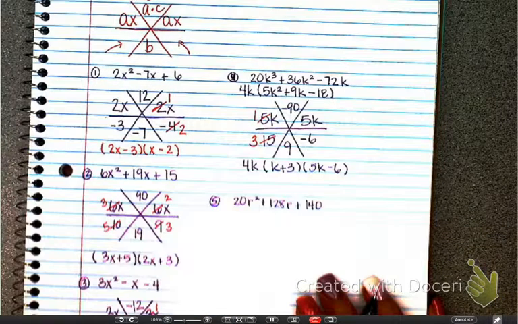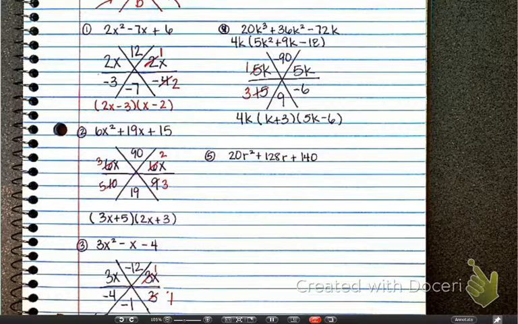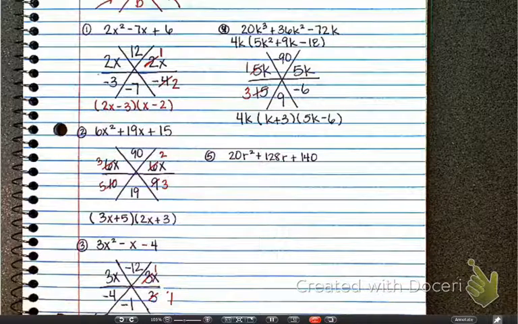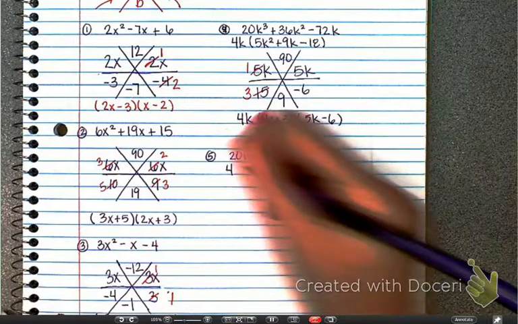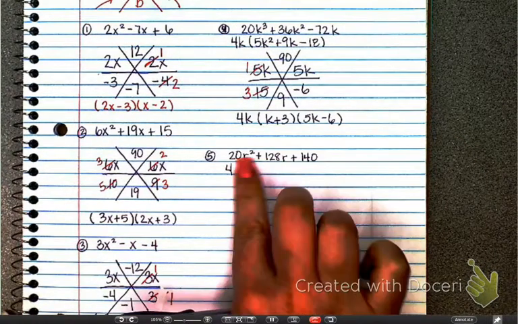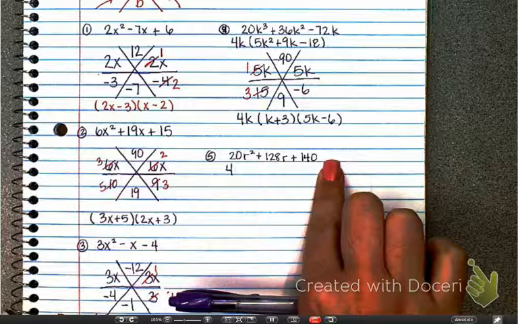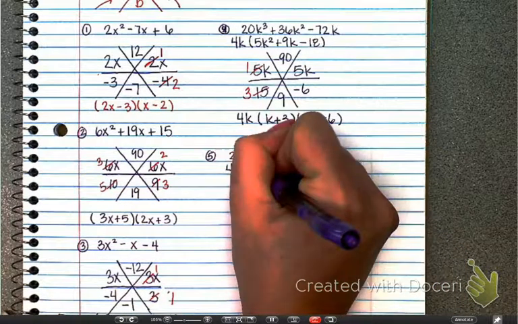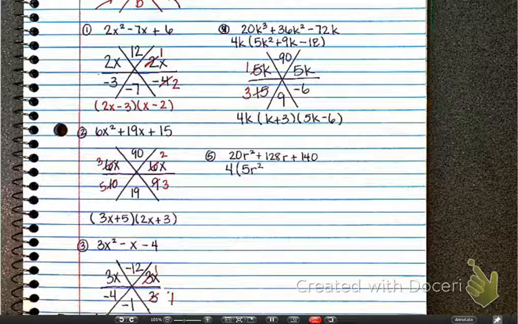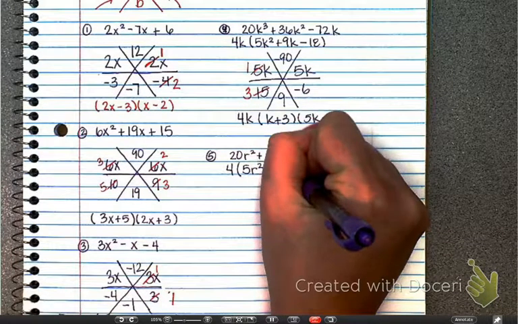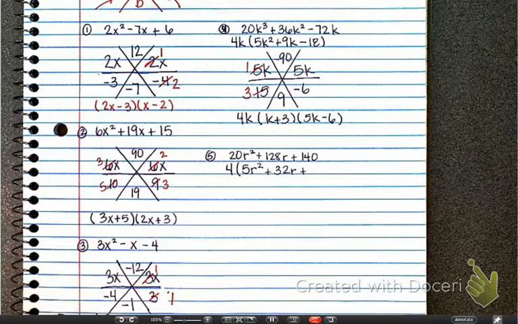Okay, looking at number 5. I can tell there's a GCF. What's my GCF going to be between 120, 128, and 140? 4 again? Okay. Can I pull out a variable in this case? No, I have an r squared and there's no r here. So if I pull out a 4, I'm left with 5r squared plus 32r plus 35.